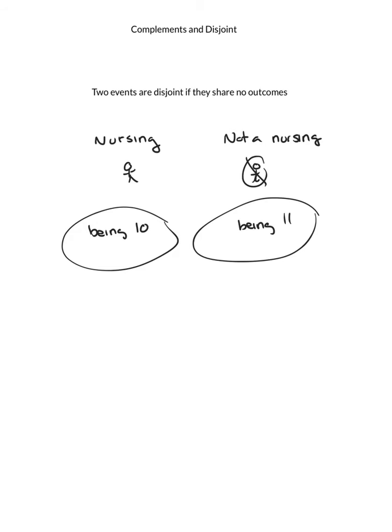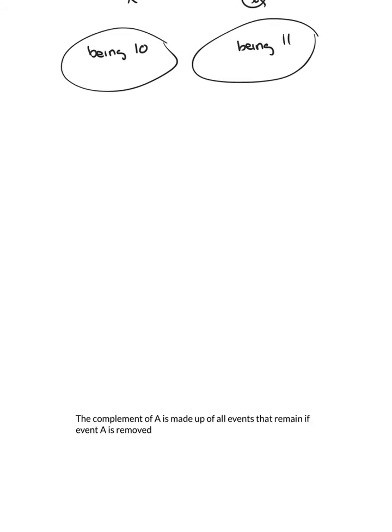Now, there are going to be cases where we have two things that are disjoint and they do make up all the possible options. This is called complements. And in general, the complement of A is made up of all events that remain if A is removed. So, for instance, if I say you're a cat person or not a cat person, it is one or the other.